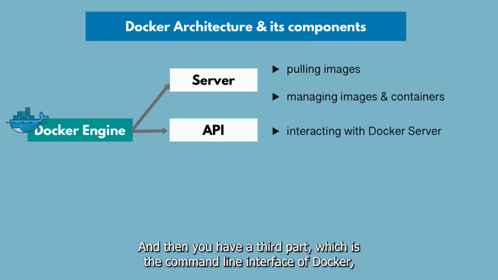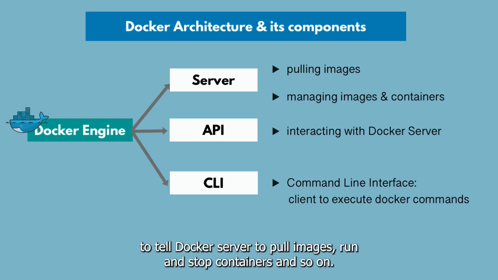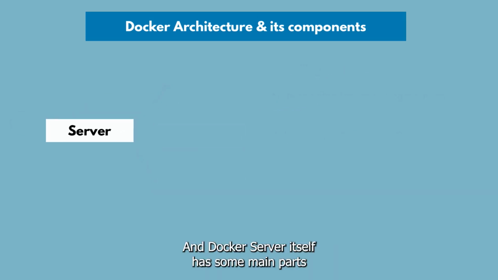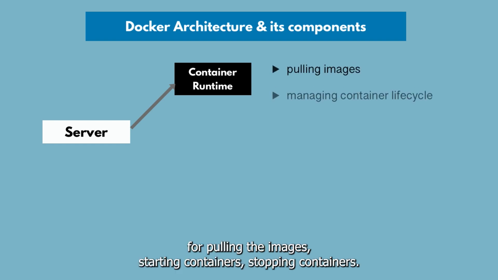And then you have a third part, which is the command line interface of Docker, which is a very powerful client to execute Docker commands against the server, to tell Docker server to pull images, run and stop containers, and so on. And Docker server itself has some main parts, which are container runtime, which is the one actually responsible for pulling the images, starting containers, stopping containers.